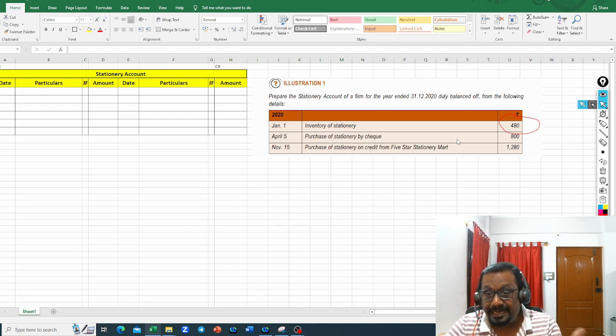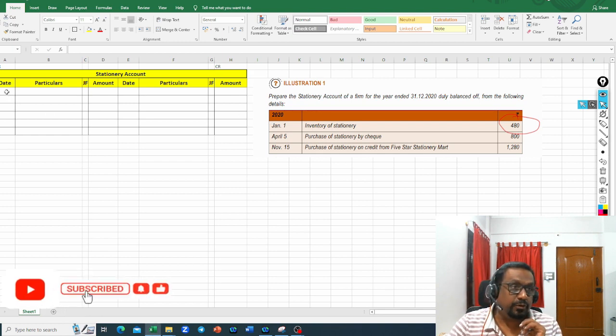That is nothing but an asset for us. All assets are debit balances. So this stationery, since you have 480 rupees worth of stock available on January 1st, that is beginning of the year, this will be considered as an opening balance.